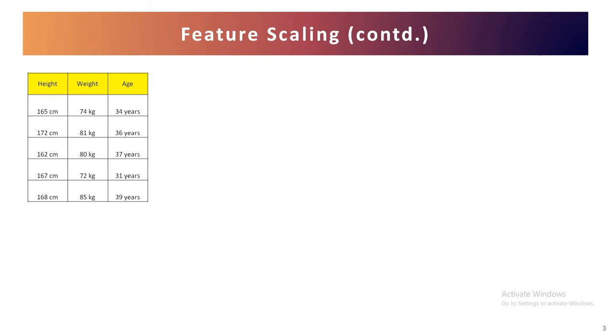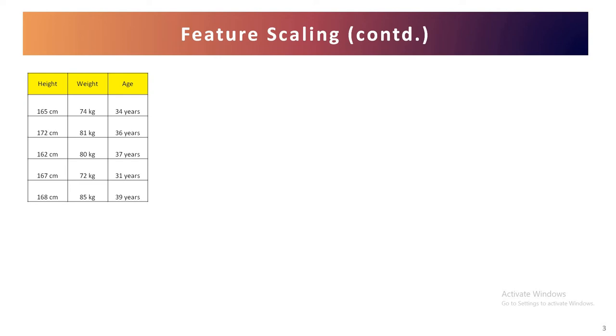Height has a measuring unit of centimeter, weight has kilogram, and age, the dependent feature, has years. Let's say this is a sample of the data, with 100 rows available, and I've just taken the top 5 rows.